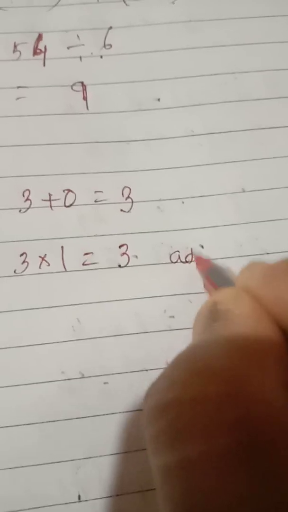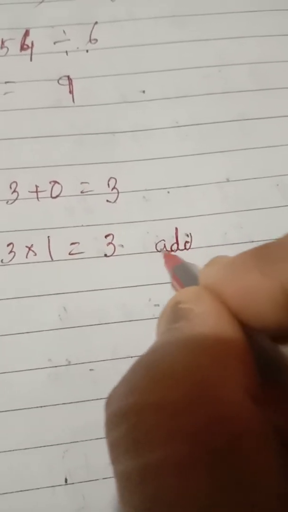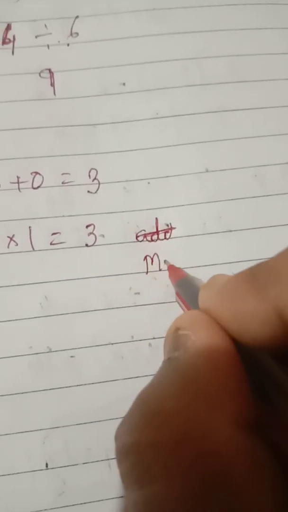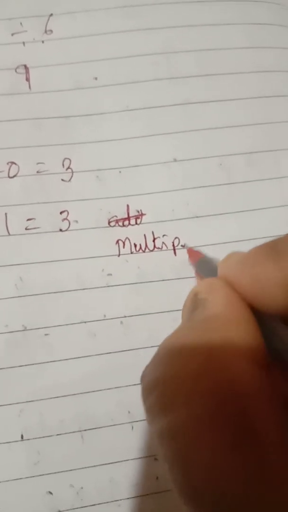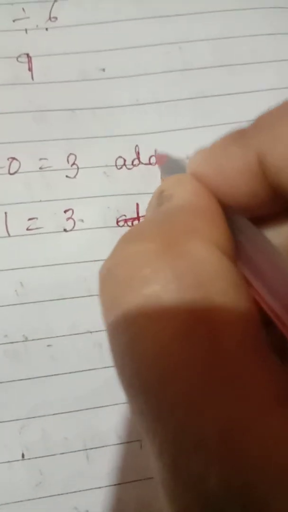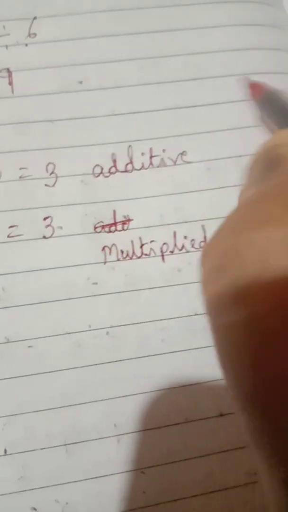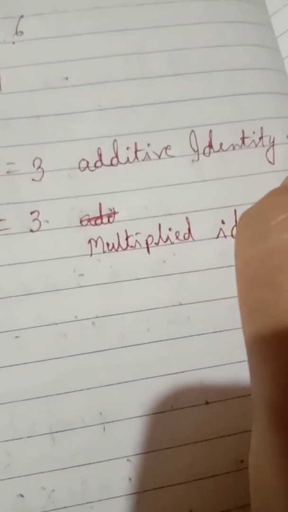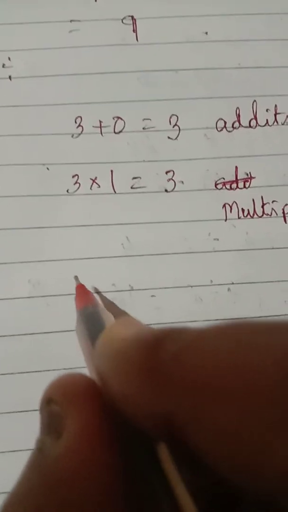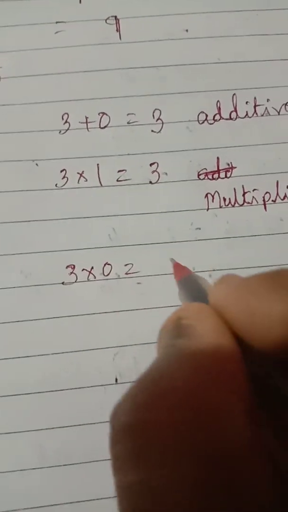It is called the multiplicative identity. If any number is multiplied with 0, the answer is always 0.